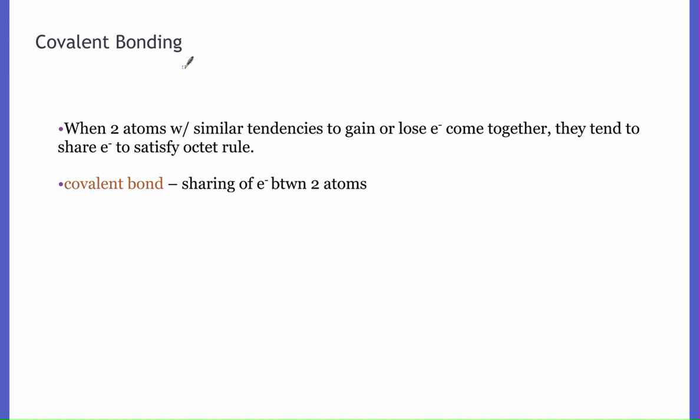So if you have two nonmetals that come together, typically they would gain electrons from metals, but if there are no metals around, if you got two hydrogen atoms, both of which want another electron so they can be like helium, but if they don't have a metal to steal that electron from, they just share those two electrons. And that's what makes a covalent bond.